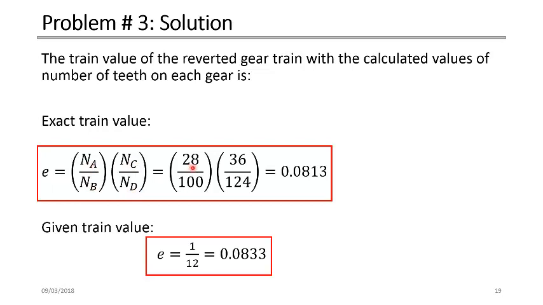NA was found to be 28, NB is 100, NC is 36, ND is 124, which is giving us 0.0813. The given train value at the beginning was 1 divided by 12, which is 0.0833. If you compare these two numbers, they are close enough, but they are not exact.